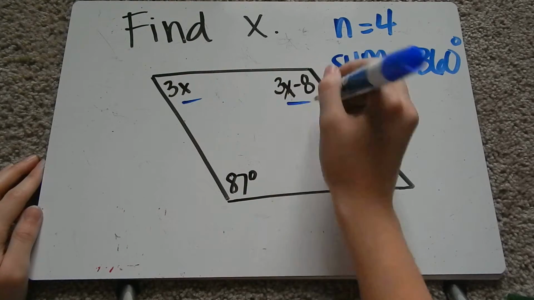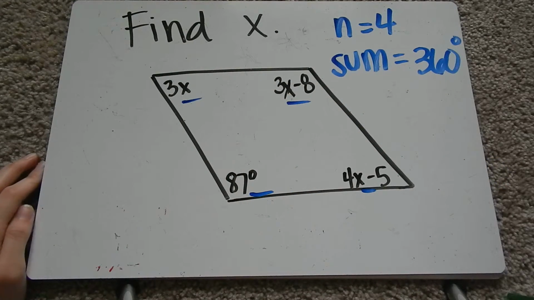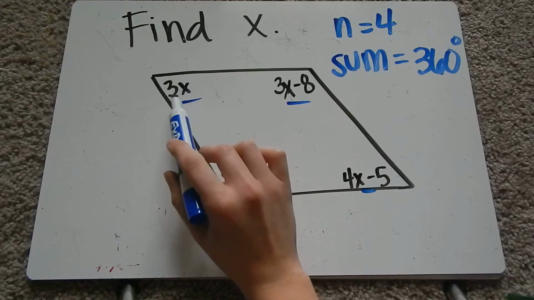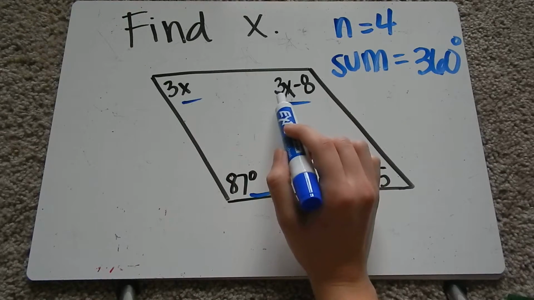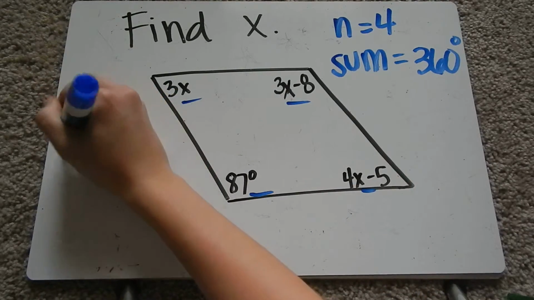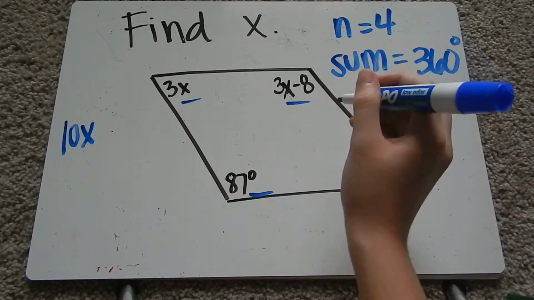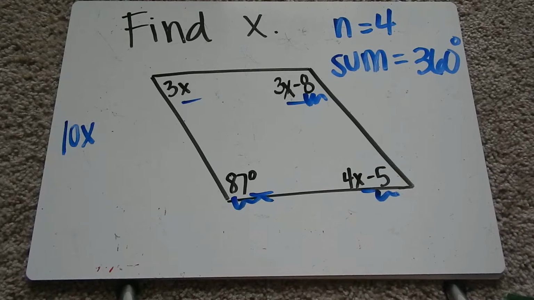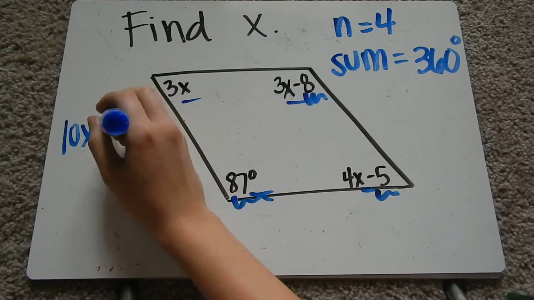My equation is going to add all these up to equal 360. I can combine like terms here. All my x's: 3x plus 3x is 6x, plus 4x is 10x. Add all my numbers together: negative 8 plus 87 plus negative 5 gets me 74.